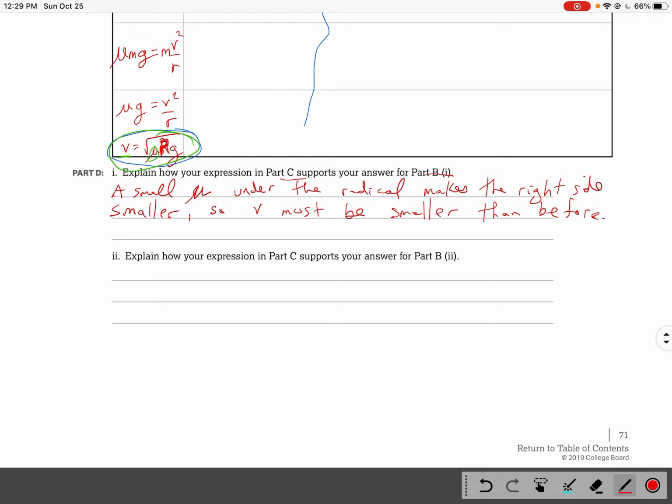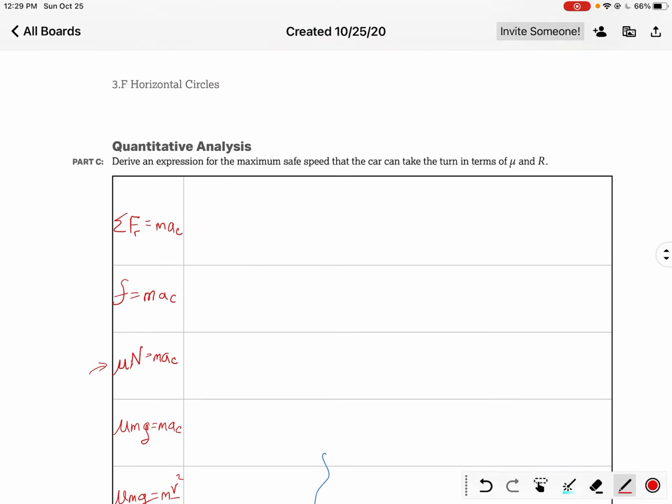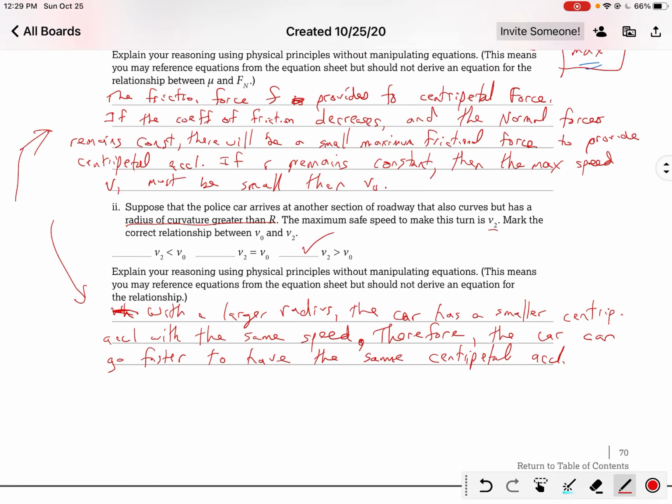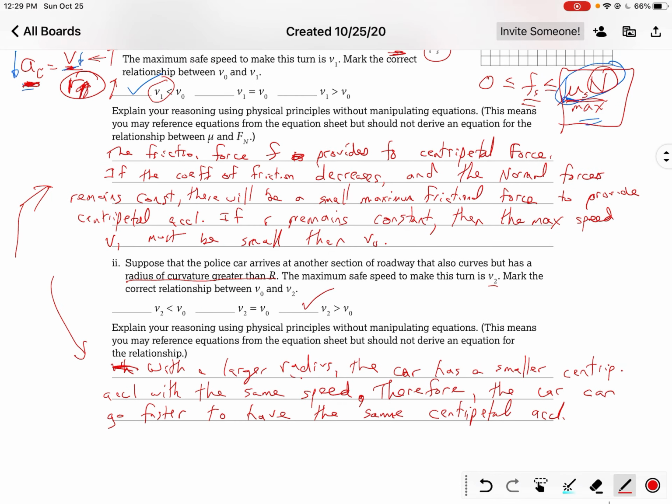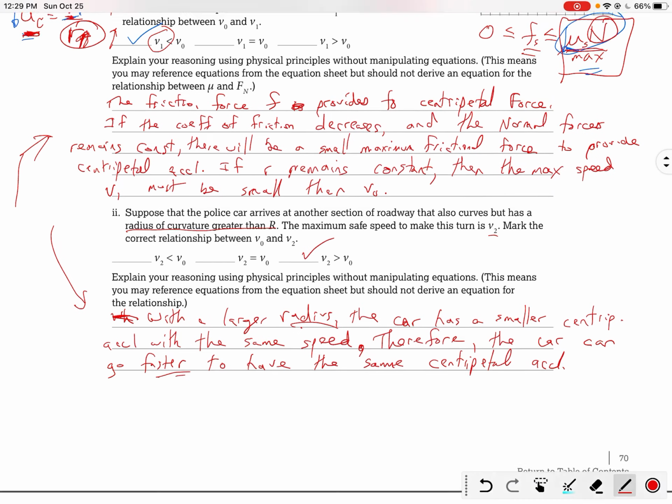And then again, when we saw it before, we said that a larger radius means that we could go faster.